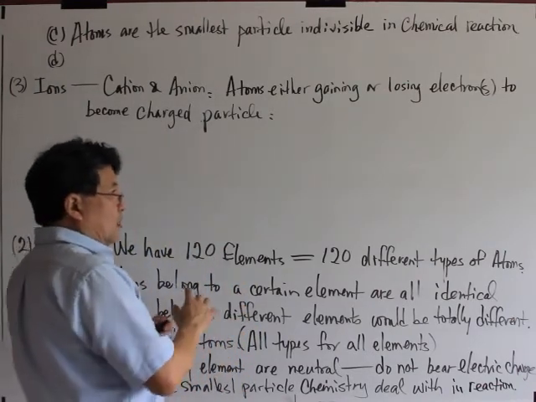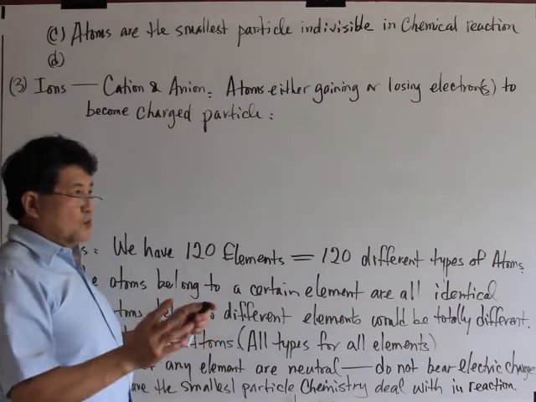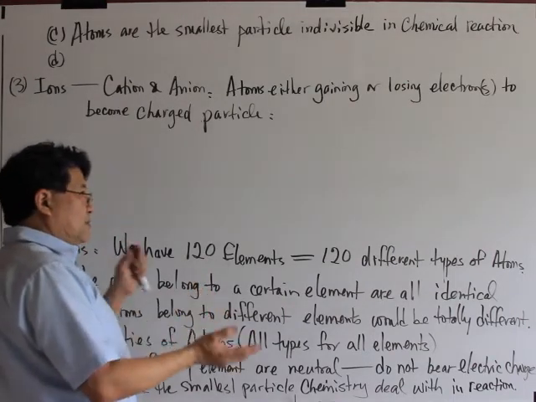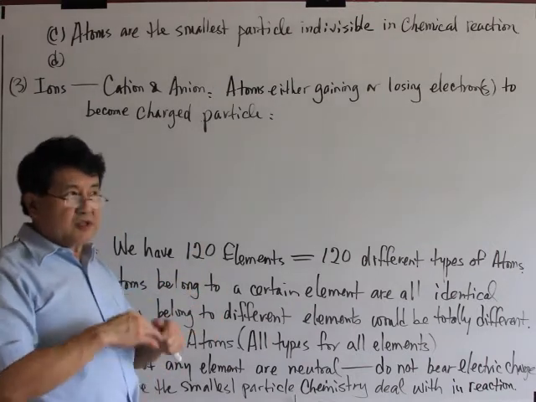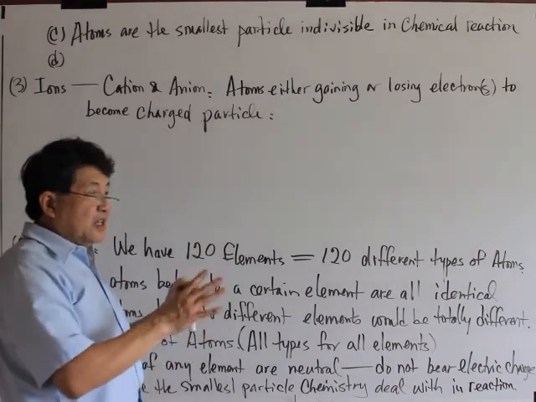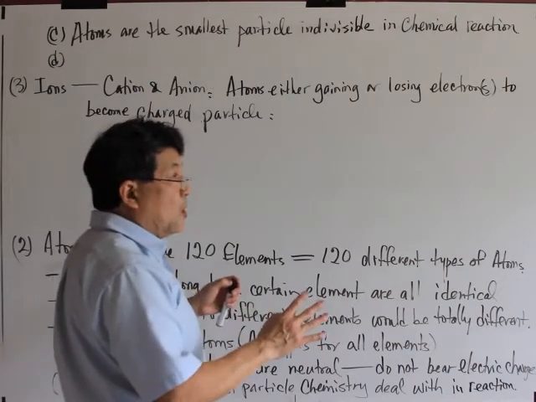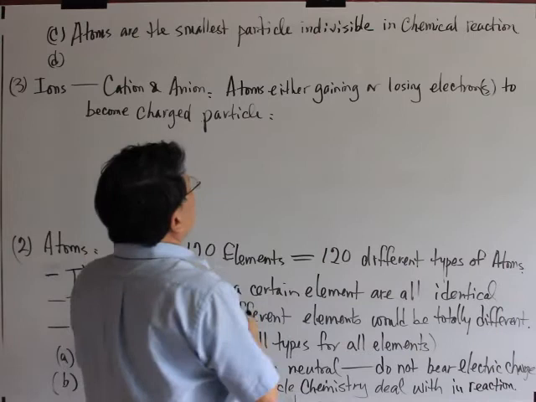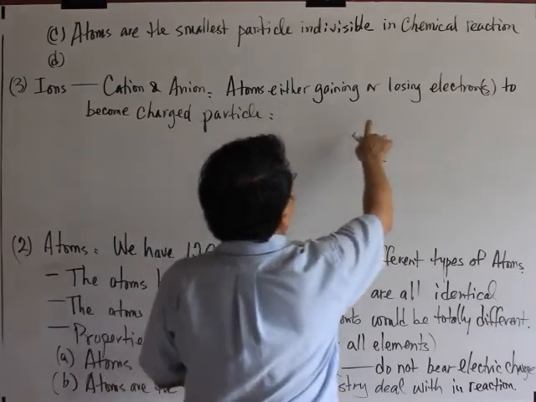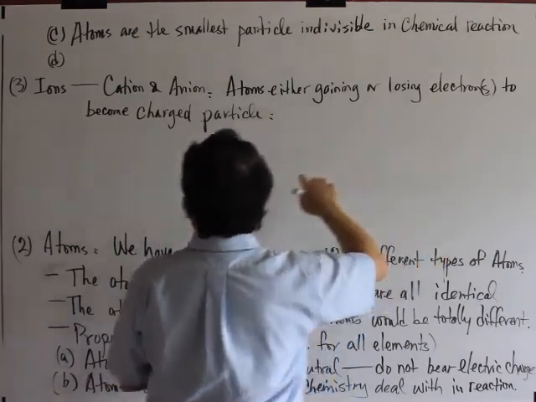Electrons only have 2 kinds: one type spins clockwise, the other spins counterclockwise. Other than that, every other property of all electrons is exactly identical. But for the charge, atoms either gain or lose electrons to become charged particles.